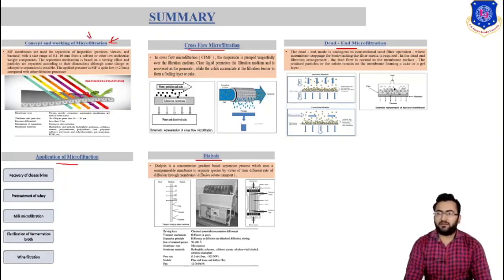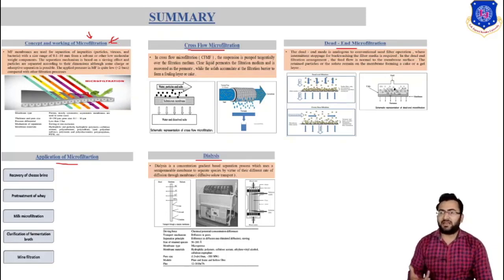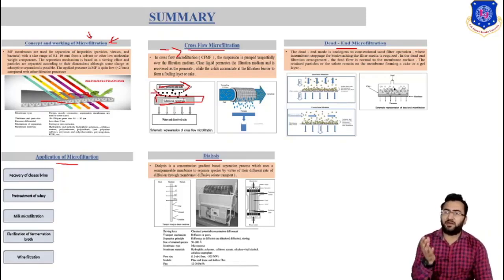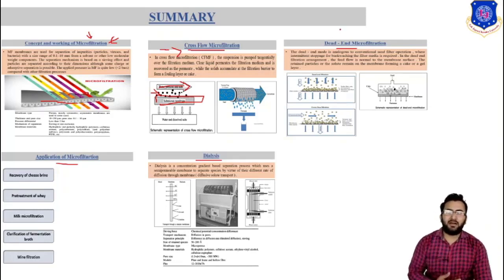Microfiltration is used to purify water, and it removes only the bacteria from the water, while monovalent ions, multivalent ions and amino acids pass through the microfiltration membrane. Then we discussed cross flow microfiltration, in which the flow direction is like this on the surface of the membrane, so that the accumulated particles can run off from the surface and we get a more effective permeate flux than the dead end microfiltration.